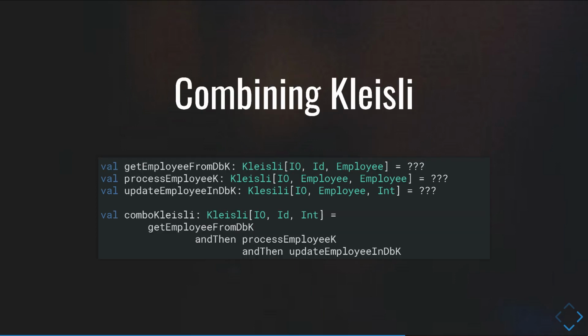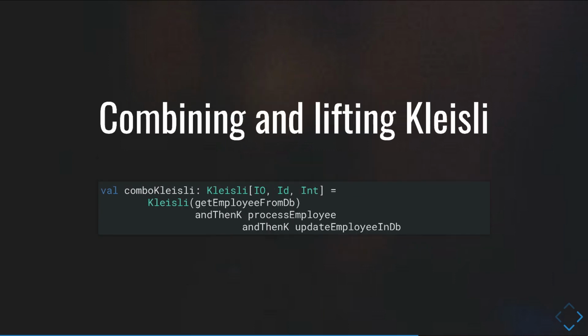Now we're back to when we use the standard library for combining functions using methods defined on the Function1 trait. Only now we're doing so while the outputs are wrapped inside of whatever context we're using. There is still a little syntactic sugar to make this even more convenient though. So previously we lifted all of our functions into Kleisli in order to compose them, but the Kleisli itself provides the ability to perform both the lift and combination in a single step.